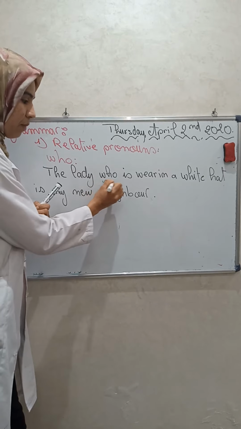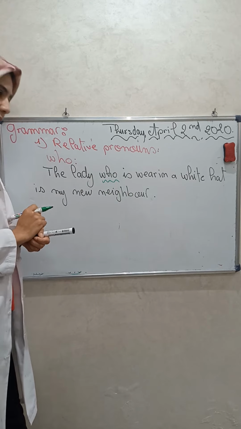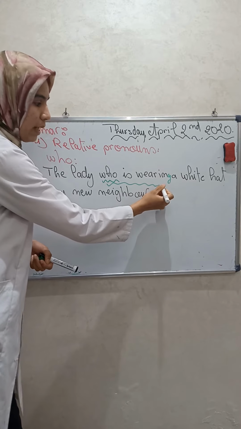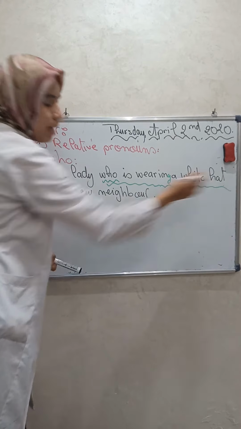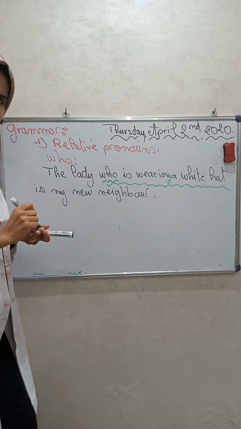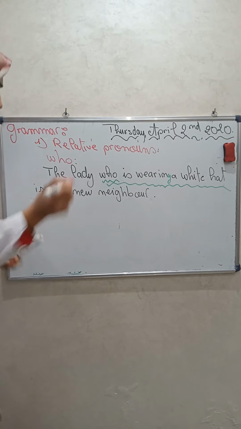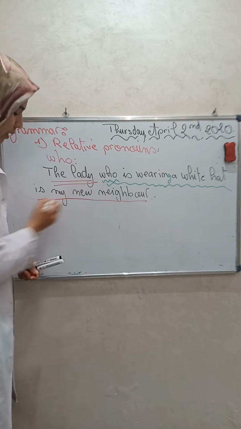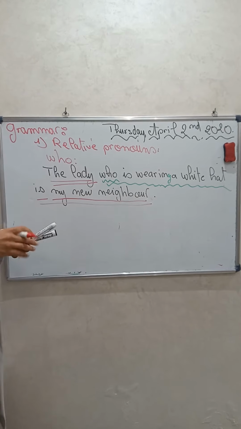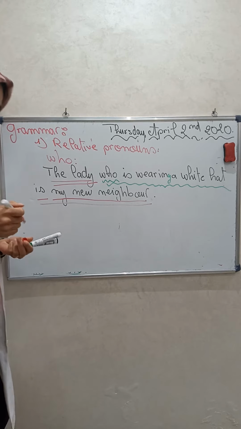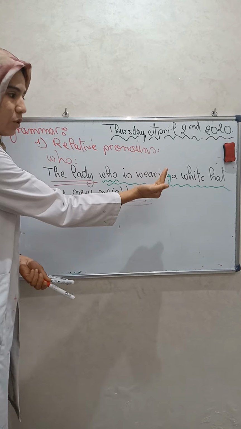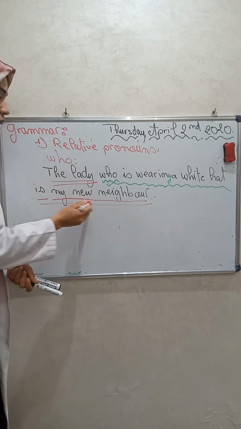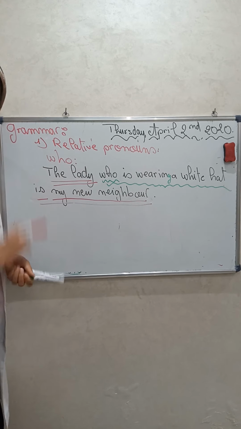Relative pronoun, who. Relative clause, who is wearing a white hat. What is left? The lady is my new neighbor. So this is the main clause. Meaning, if we omit who is wearing a white hat, it's going to be the lady is my new neighbor. So we've got SVO, subject, verb, object.